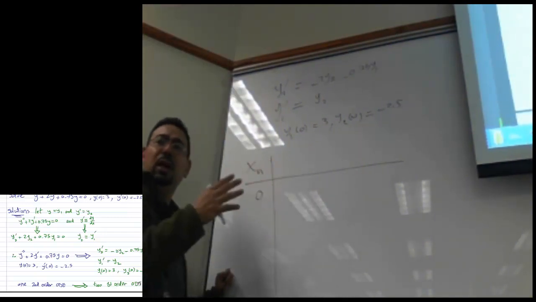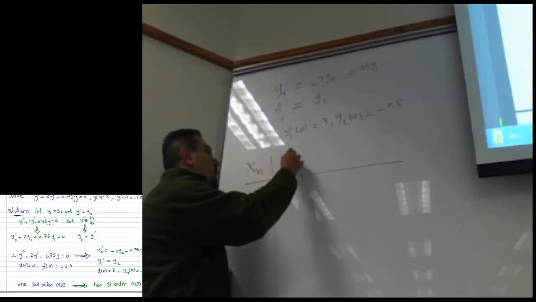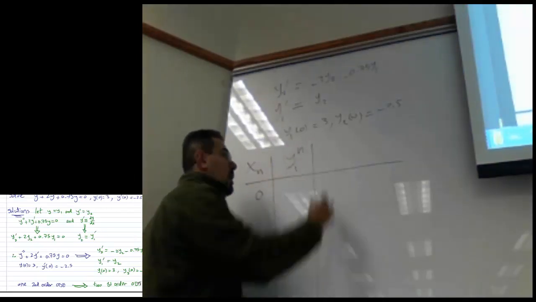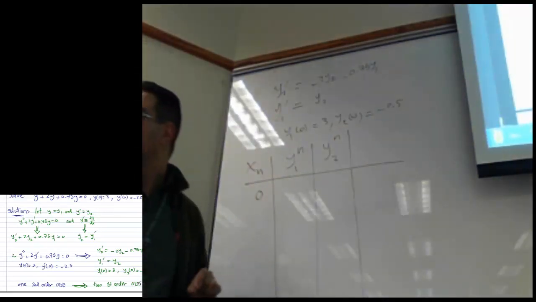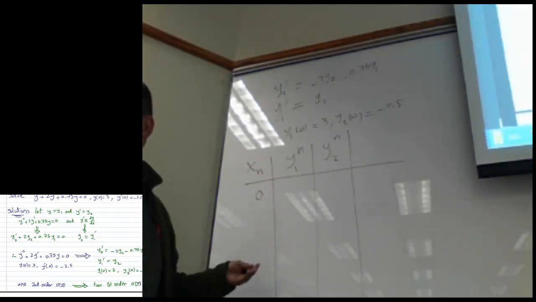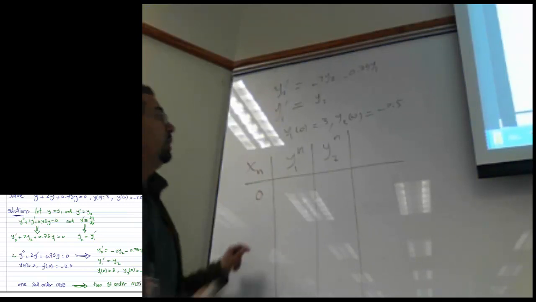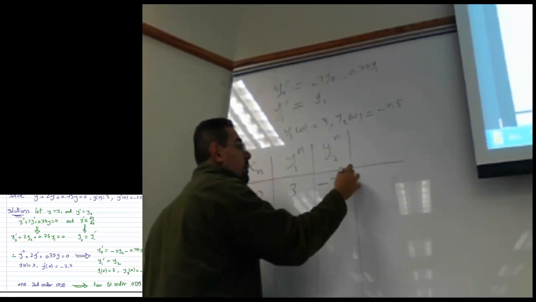We used to write yn, right? What should I write instead of yn? y1 of n and y2 of n, right? The number of variables we are solving as functions of x. What's the initial y1 of 0? That's 3, and this one is minus 2.5.